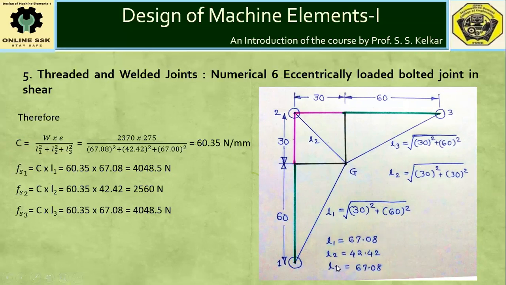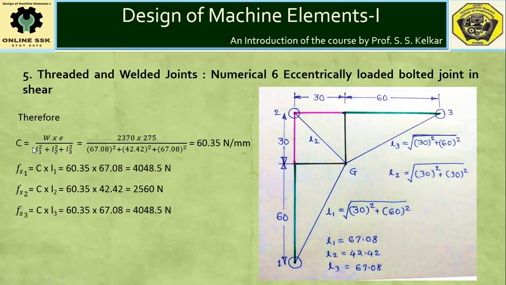Likewise, we can find the distances L1, L2, L3, which are required while calculating constant C as well as the secondary forces applied at bolt number 1, bolt number 2 and bolt number 3, which are given by C times L1, C times L2, C times L3. So here also we need L1, L2, L3, and also while calculating constant C we need L1, L2, L3.